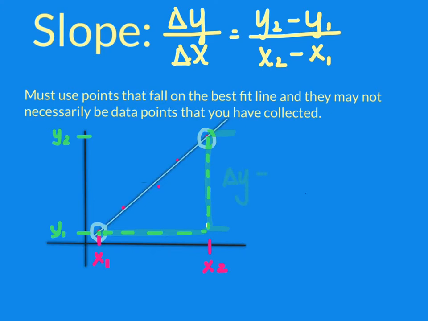Change in y is the same as rise. And how much did it rise for a given run, or change in x? This here is your run, and your run is the same as change in x. So when you hear rise over run, we're really talking about change in y over change in x, and it's the same thing as slope.